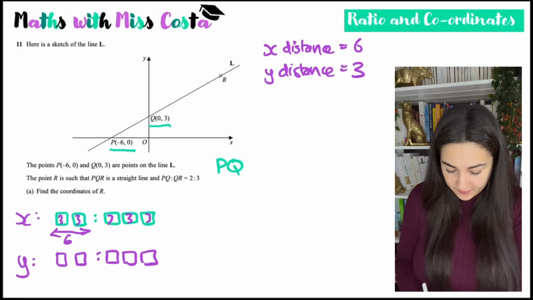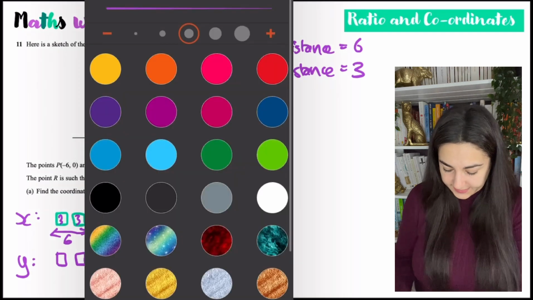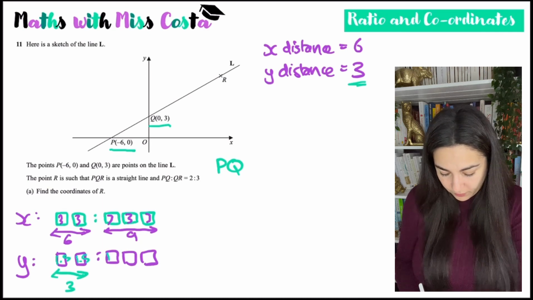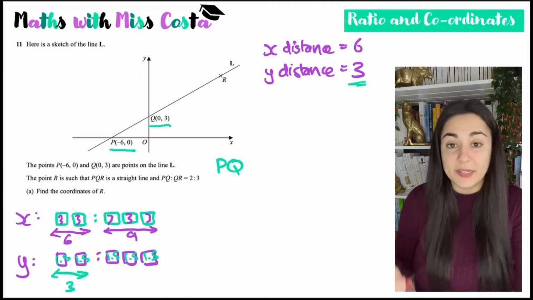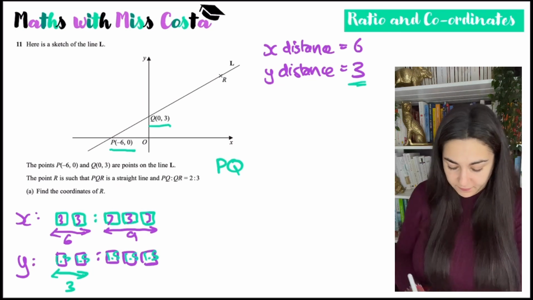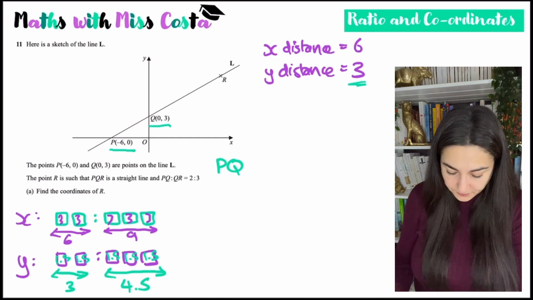So that must mean that the x distance on line R is going to be 9. And then the y distance, so the y distance is 3. So 2 parts are worth 3. So that's 1.5, 1.5. And 1.5, 1.5, 1.5. Once we figure out how much one part is, we can figure out what everything is. So that would be 4.5.